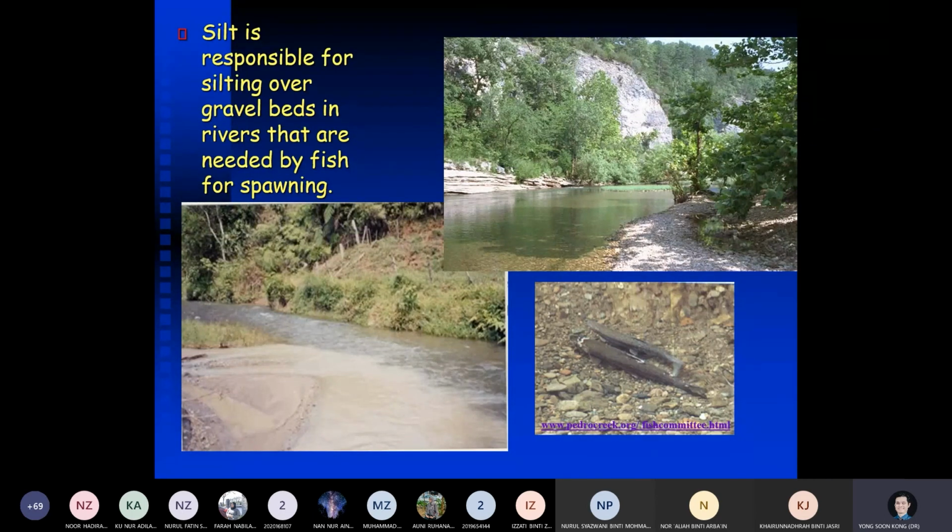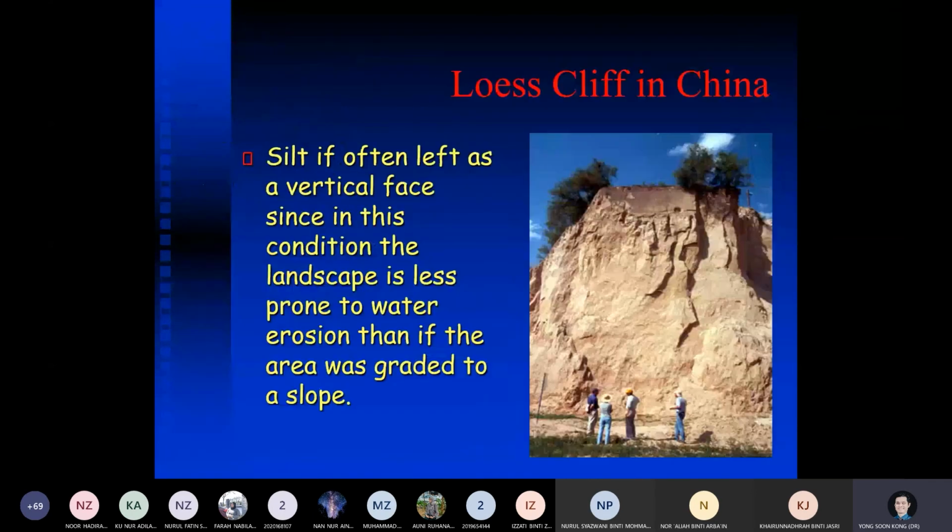If you have a lot of siltation due to earthworks, or due to a sudden influx of high river flow, then you can probably see a lot of silt in the river. As you can see right here, this is a meeting point between two rivers. One river is polluted, the other is not, so we can see siltation. Frankly speaking, silt itself will not kill the fish, but because silt may carry pollutants, that might kill the fish or aquatic organisms.